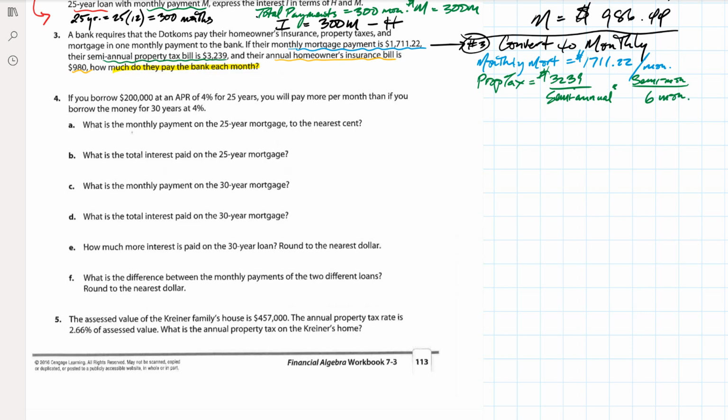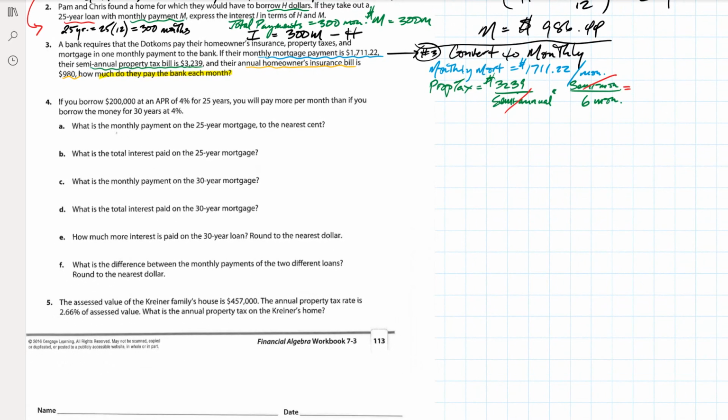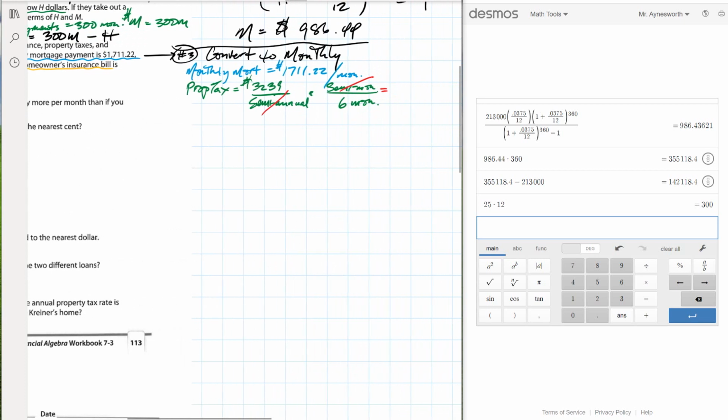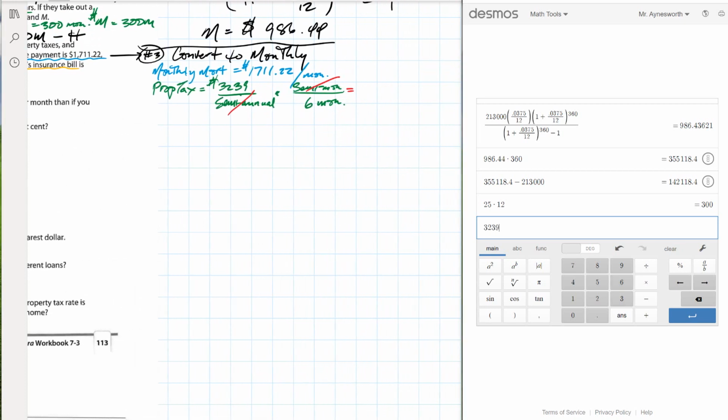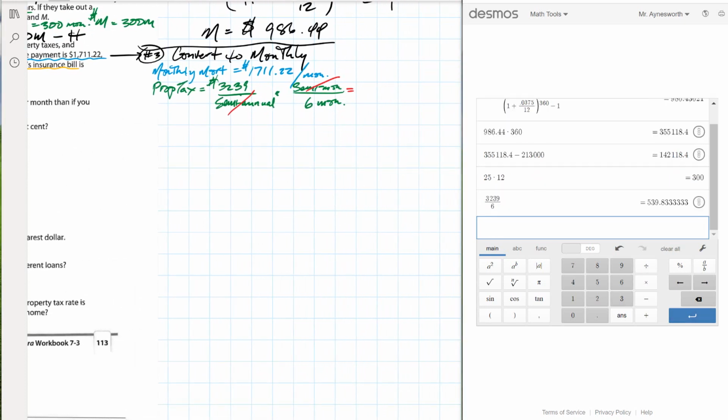Just look at the unit conversion here. These cancel, and you get dollars per month. If it's every 6 months, to get monthly you take this number and divide it by 6. So 3239 divided by 6, easy. That's what you have to pay for property tax each month.